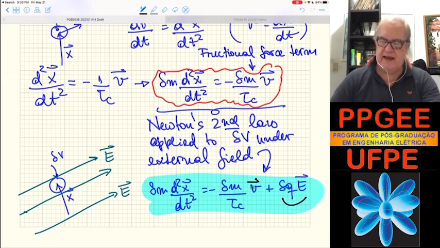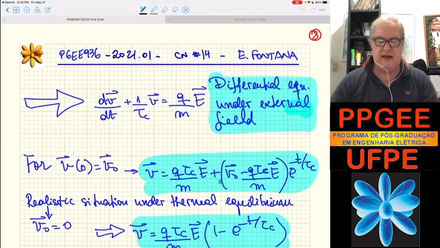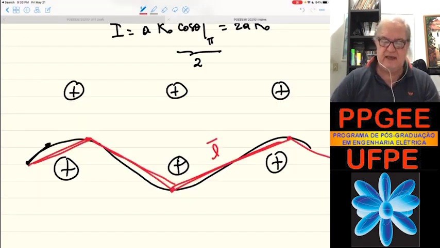So if we play around with this equation, you now obtain the equation of motion: derivative of velocity plus velocity divided by tau c equals q over m times E. How did we get that? Well, we had something like this.